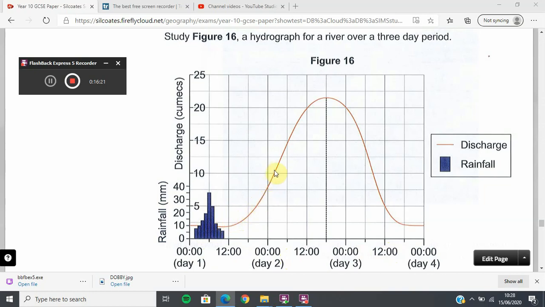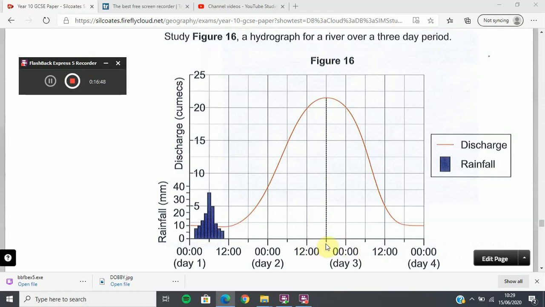The river itself starts filling up, reaches its peak here, and then starts to fall. That's when the most water is in the river, at 22 cumecs, 22 cubic meters per second. And that occurs at 6 p.m., so 6 in the afternoon on day 2.